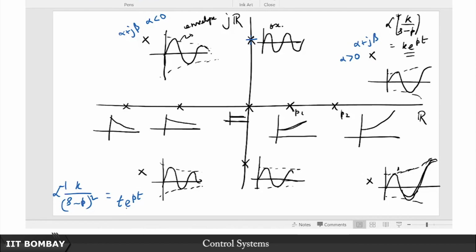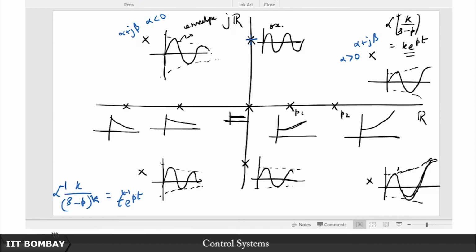After all, a decaying exponential is way too powerful compared to any polynomial. So whether it is t, or t squared, or t to the k minus 1, the exponential decays faster and rises faster than any polynomial.